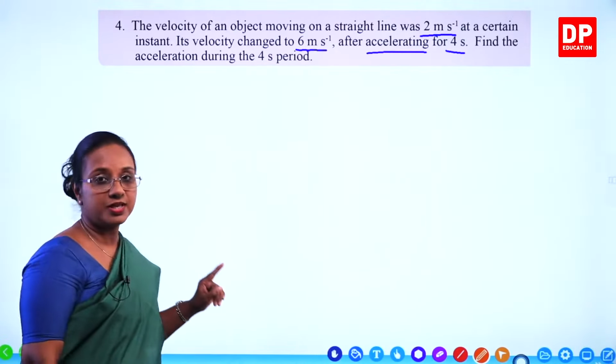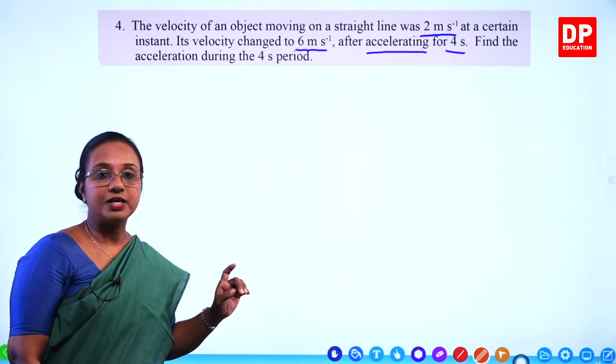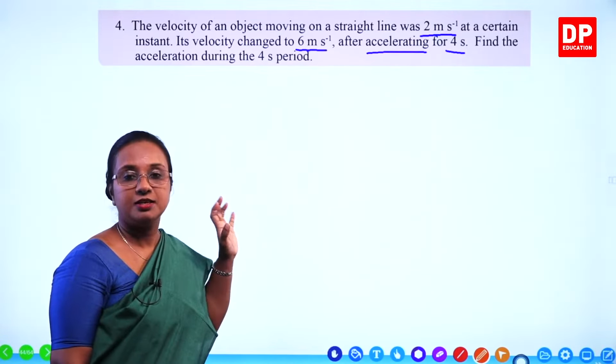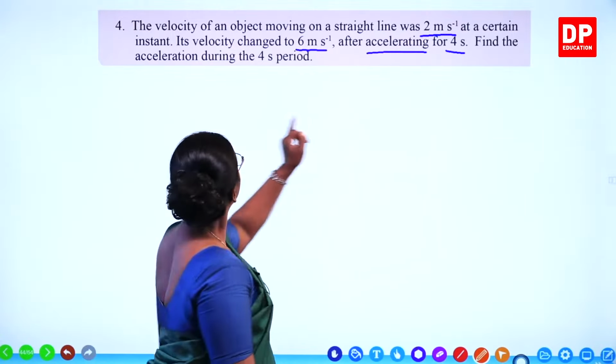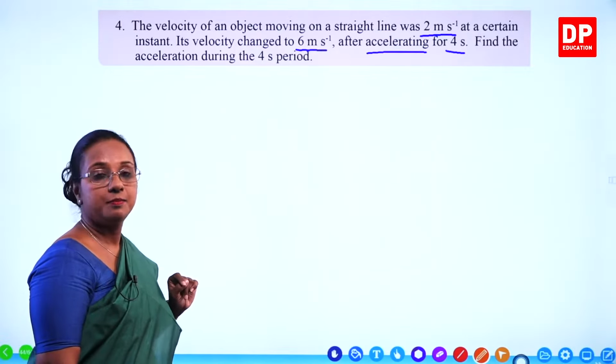Always remember, students, when you read a question, try to pick out the information that is necessary for your calculation. Find the acceleration during the 4-second period.